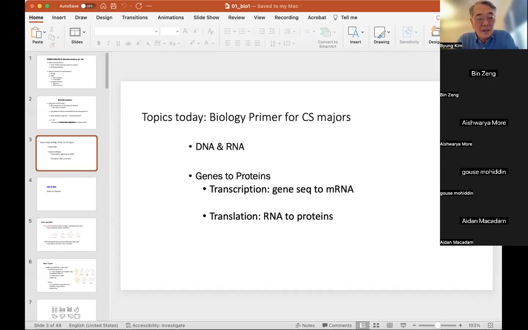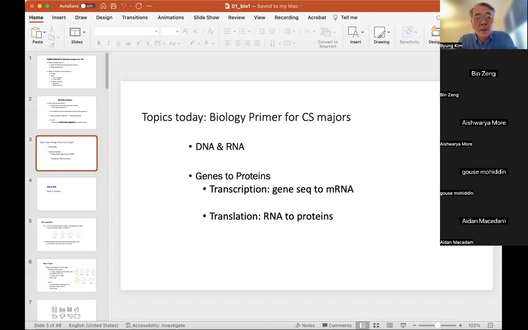One is DNA and RNA, and this part I'm going to go through real quick. The second part is protein manufacturing: how proteins are manufactured from a particular gene sequence.